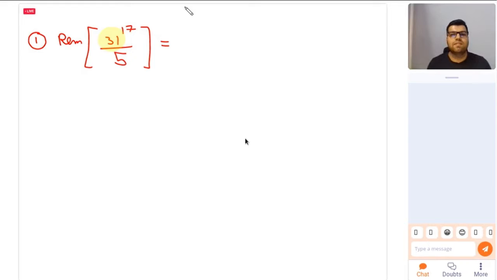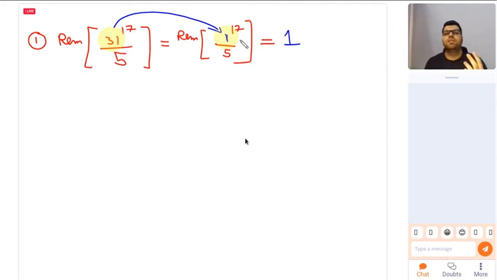This is actually 1 and raised to power 17. So this simplifies our task, replacing 31 with its remainder with 5, that is 1. And finally, we get the answer of 1. So this is the basic principle, that you have to replace the particular number with its remainder with the divisor.